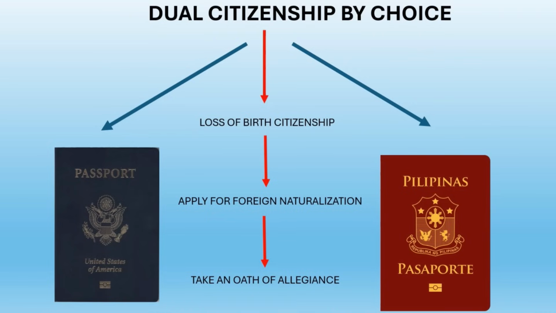He must apply for dual citizenship and must take an oath of allegiance. This is what it means to be a dual citizen by choice. So there are positive actions that must be performed by a former Filipino citizen.